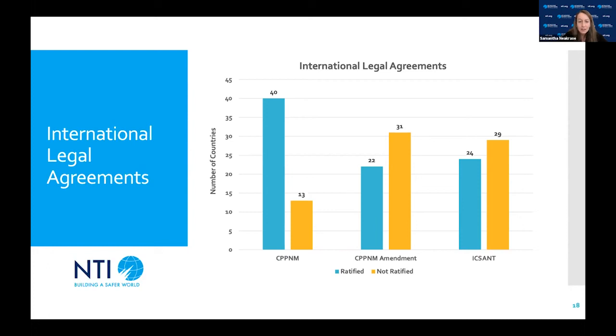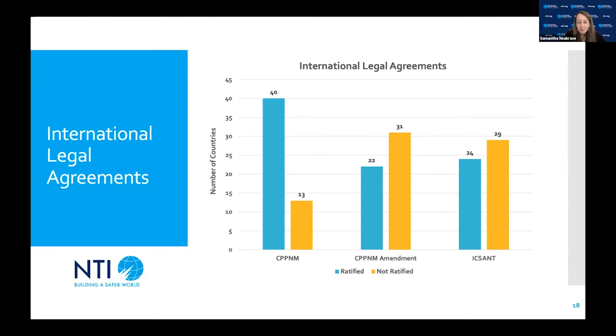As you can see, this is countries in Africa. I'm including all of the countries that we mentioned, whether they have materials or facilities or not. So that's 53. And you can see that for the original CPPNM on the left, which is sort of the weakest treaty, a lot of African countries have signed on to that.